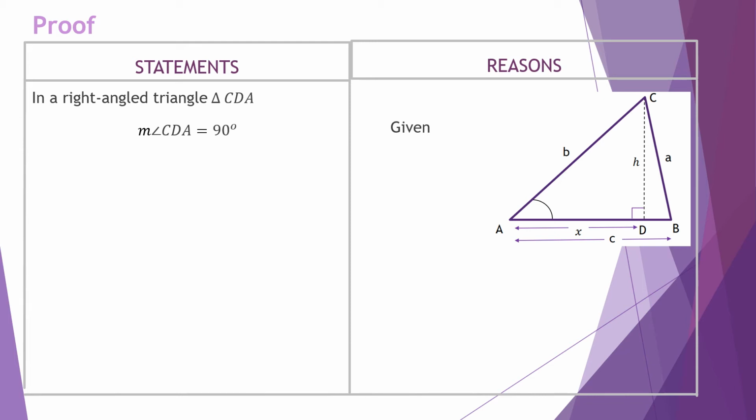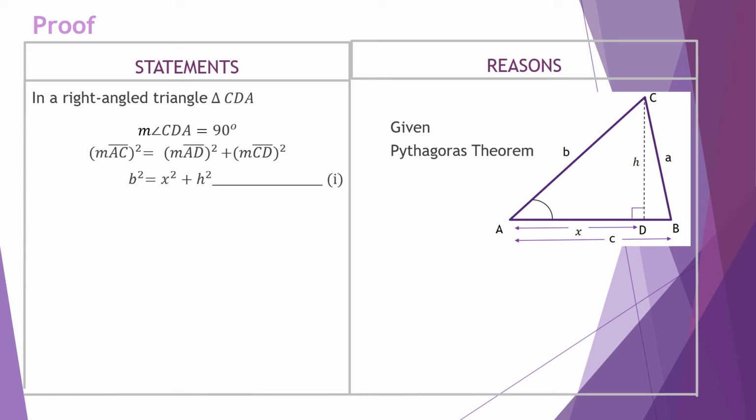The opposite side of the angle D will be the hypotenuse and it is AC. Here we will apply the Pythagoras theorem. Measurement AC whole square is equal to measurement AD whole square plus measurement CD whole square. By replacing the values, we get b square is equal to x square plus h square. This will be equation 1.